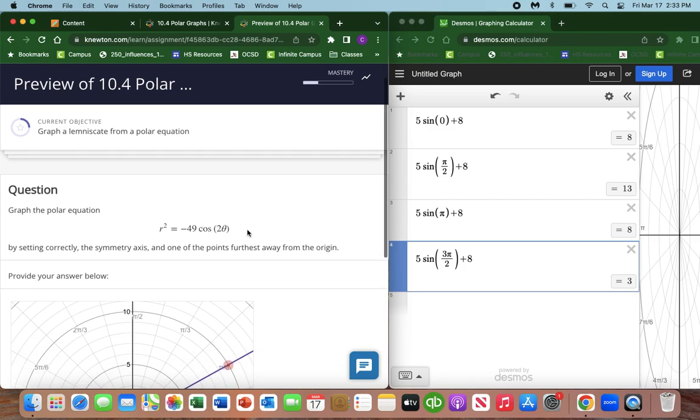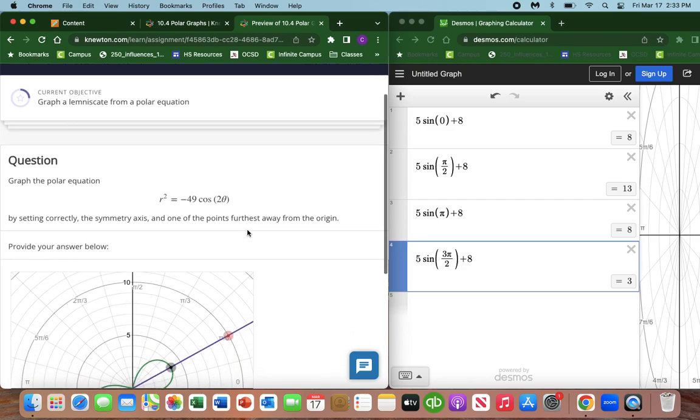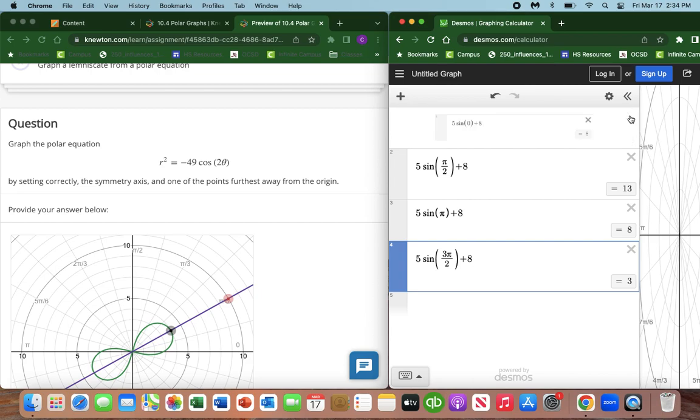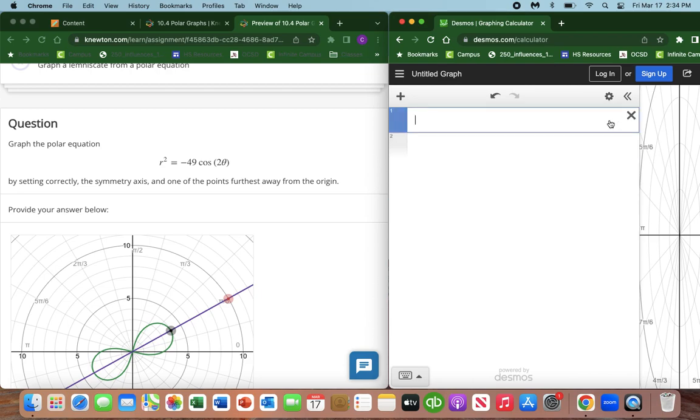Okay, we have another lemniscate that I'm going to graph. So I'm going to take this negative 49 cosine 2 theta, and I'm going to plug that in. So I've got negative 49 cosine of 2, and I'm going to use, again, pi over 2, like I did in a previous example.